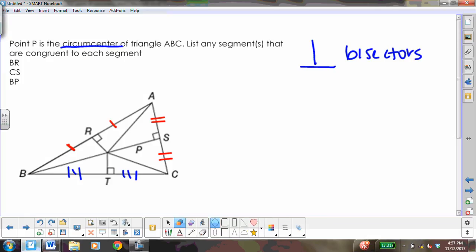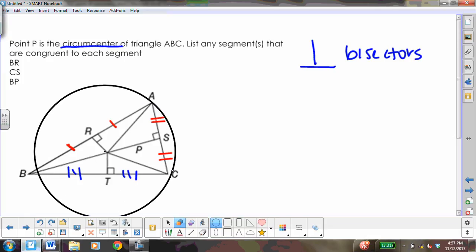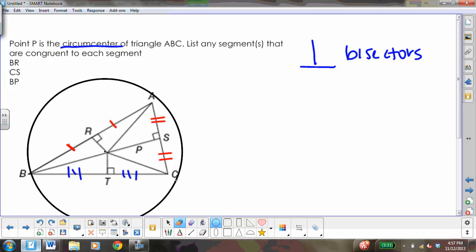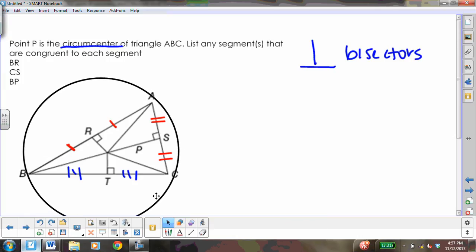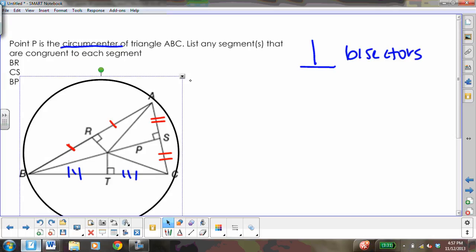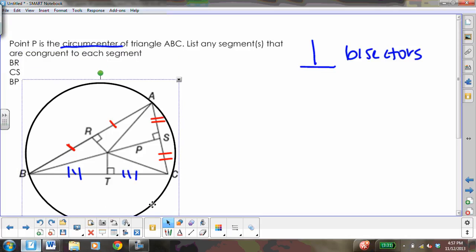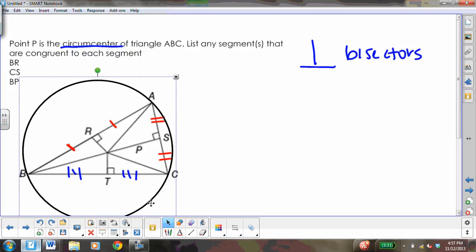So if I take a circle, I should be able to draw a circle, and it should pass through every vertex. My picture might not necessarily be drawn 100% to scale, but you kind of get the gist here. Here we go.